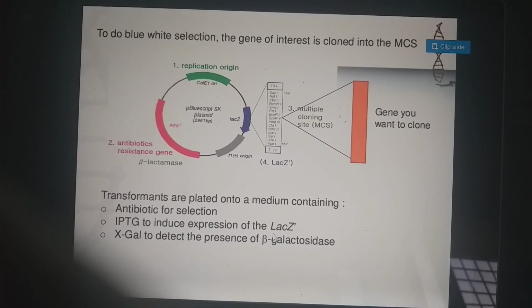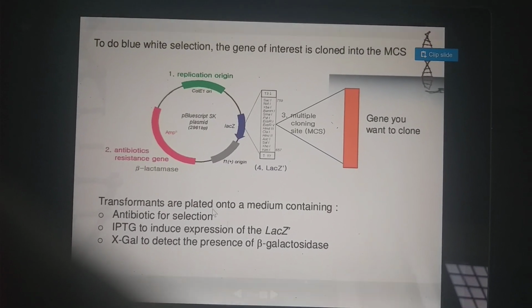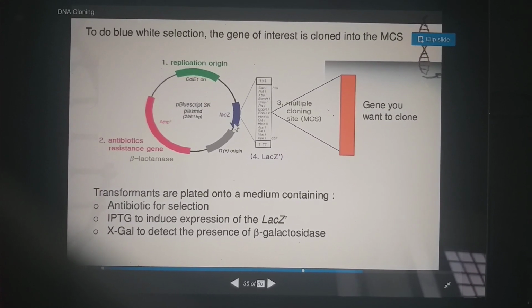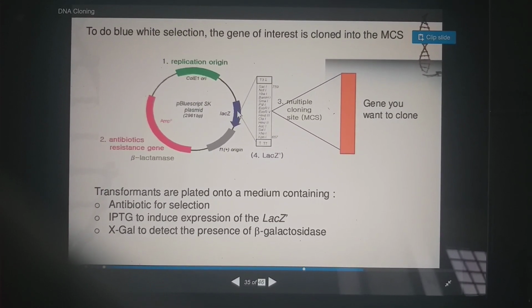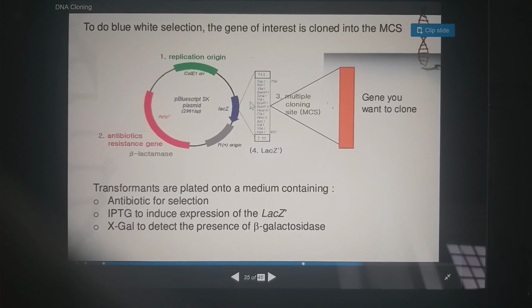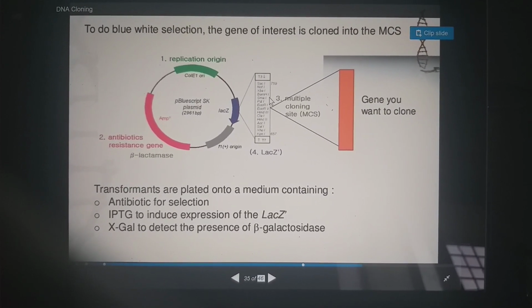As we have started with the blue white selection, now this is again the very first diagram which I explained to you, that this is the vector having the lacZ gene containing the multiple cloning site.